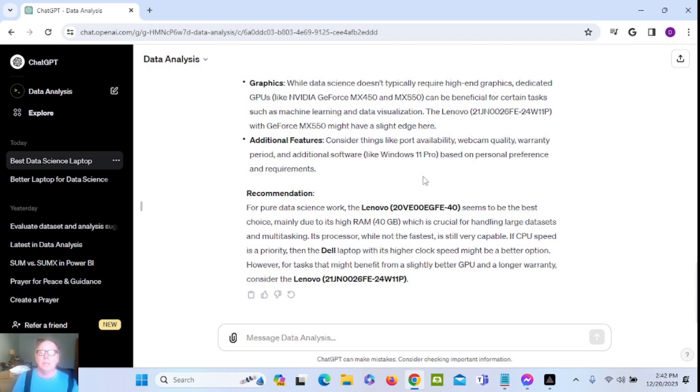Okay, so they're saying the Lenovo, for various reasons. So which graphics card does the Lenovo have?